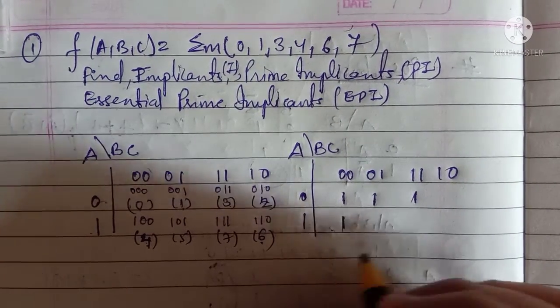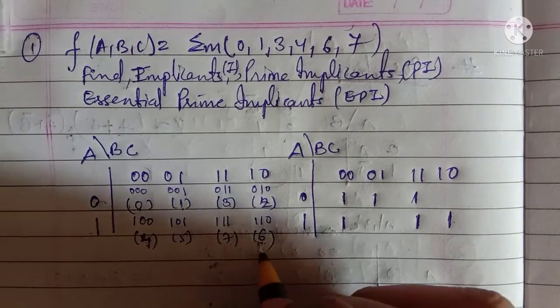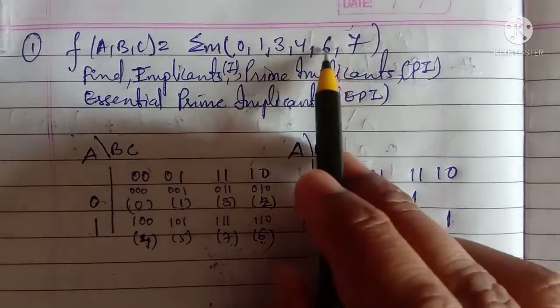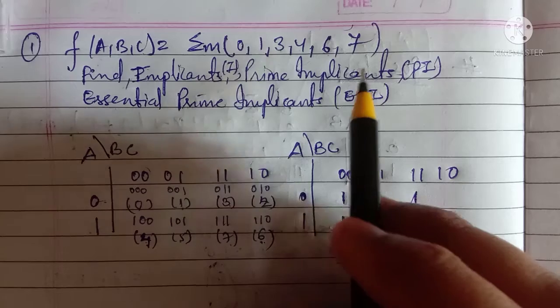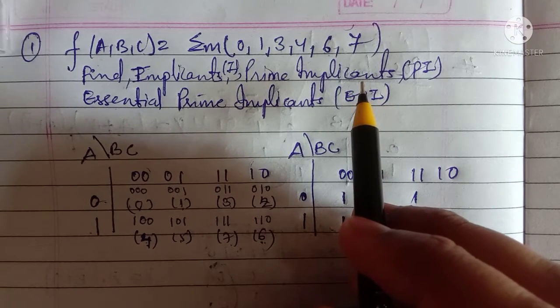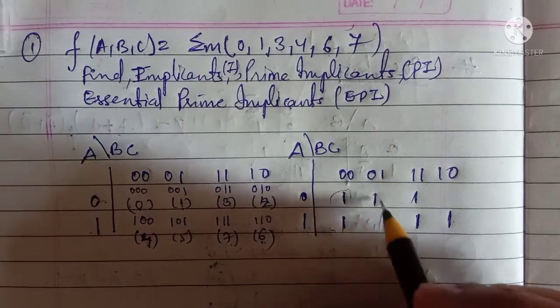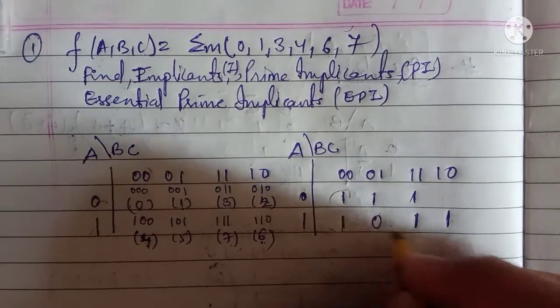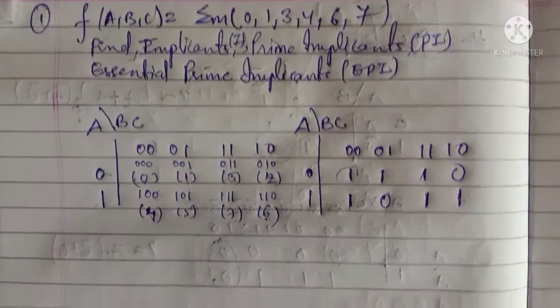At the 4 position, 6 position, and 7 position, 1 will come. So this 0 1 3 4 6 7 means the min term is there, so 1 will come at these positions. Understood? And the remaining are 0. This is clear to all, right?